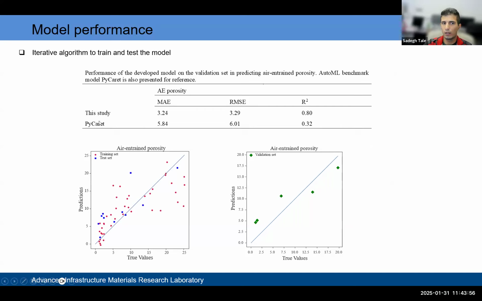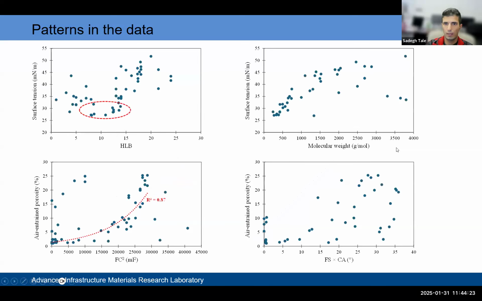In comparison, we also developed a model using one of the AutoML training packages, and you see that performance here as well. Our model seems to be performing relatively well, and we should keep in mind that going from molecular properties all the way to mesoscale concrete properties, 3% is a really good number.